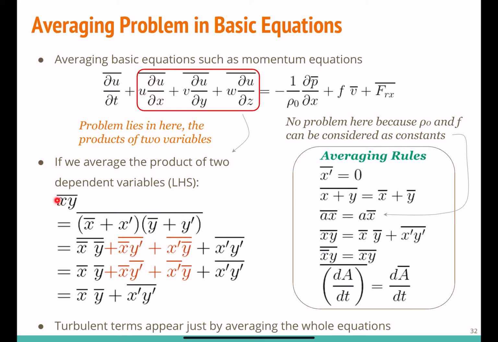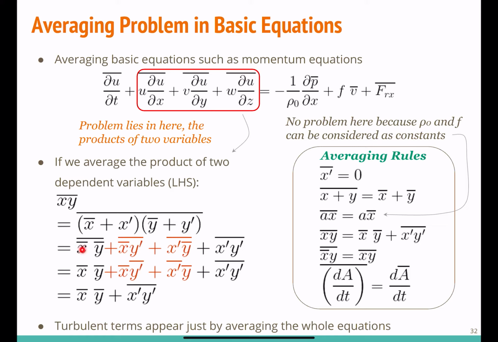So when we do the product here, x and y, and then we do the average of this product, what would happen? Okay, if we expand each of them into the mean and then the turbulent term, this is what we can see, and then we can expand these. There will be 4 terms.